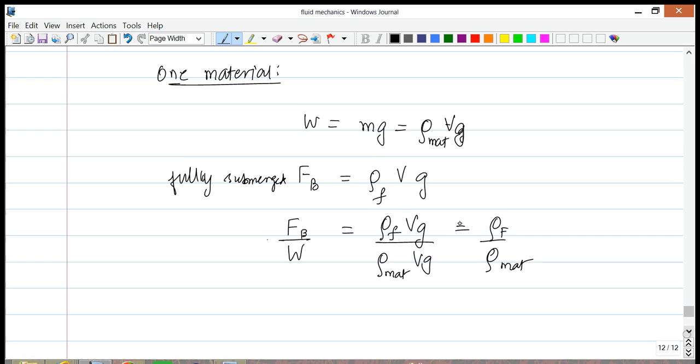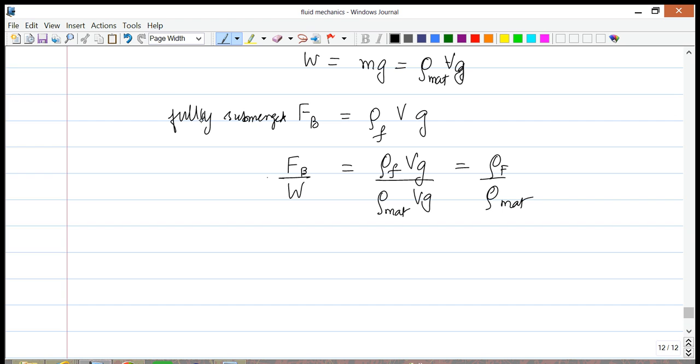Now you see that if F_B wins, the object's going to rise. If W wins, the object is going to go down. So if rho F is greater than rho material, the object's going to rise and some of it is going to be exposed.